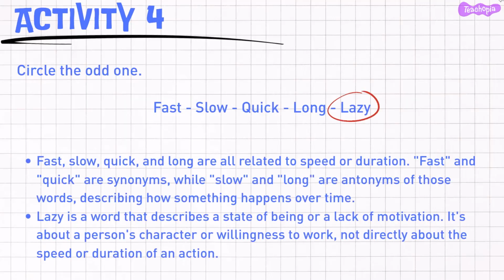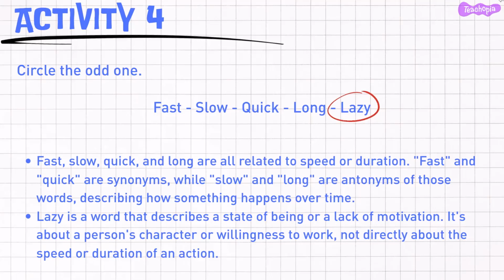Activity 4. Circle the odd one. Fast, slow, quick, long, and lazy. Lazy is the odd one out. Fast, slow, quick, and long are all related to speed or duration.